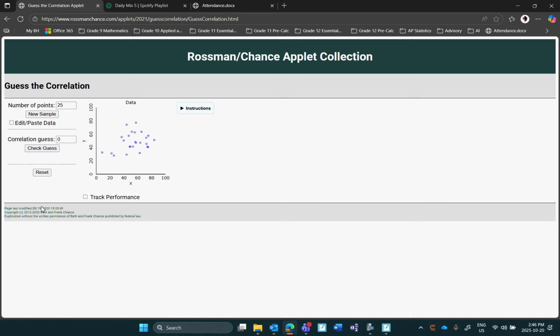Think about that first one. That was negative 0.5, and that was maybe moderate, but mostly weak. But that was still negative 0.5. So what would you say for this one? 0.1? 0.125?